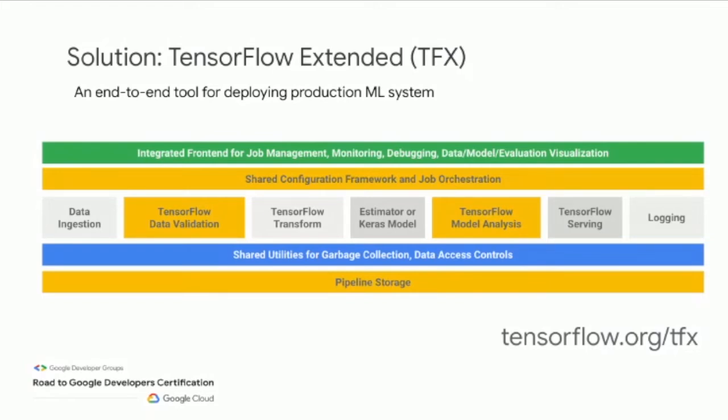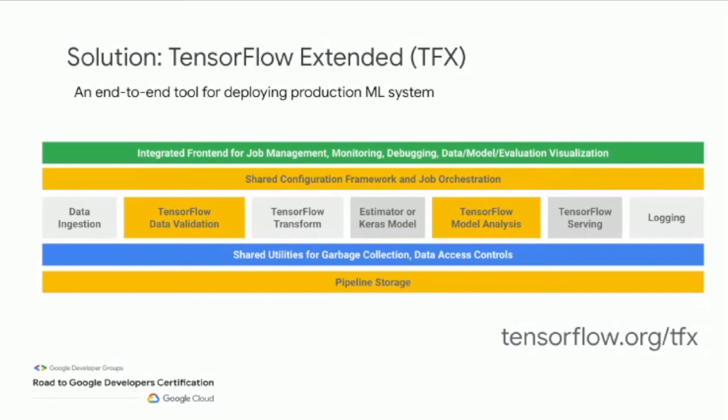We have TensorFlow Transform, which will help you transform the data into features that will be used to train the model, in a format that is useful for the model.